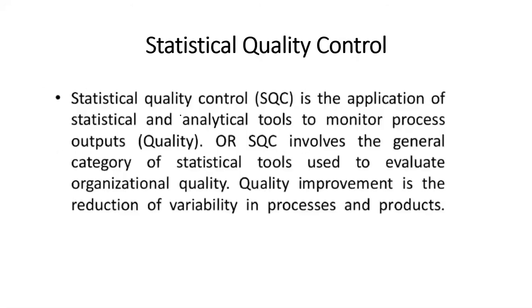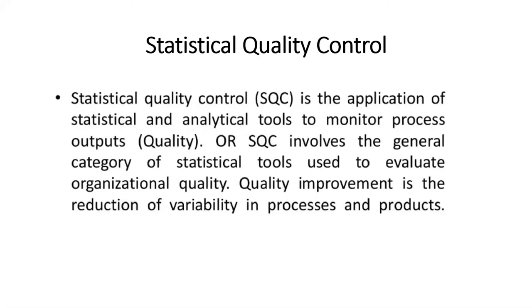Quality should be excellent. Then we have statistical quality control. Statistical quality control is an application of statistics and analytical tools to monitor the process outputs. SQC involves a general category of statistical tools used to evaluate organizational quality.